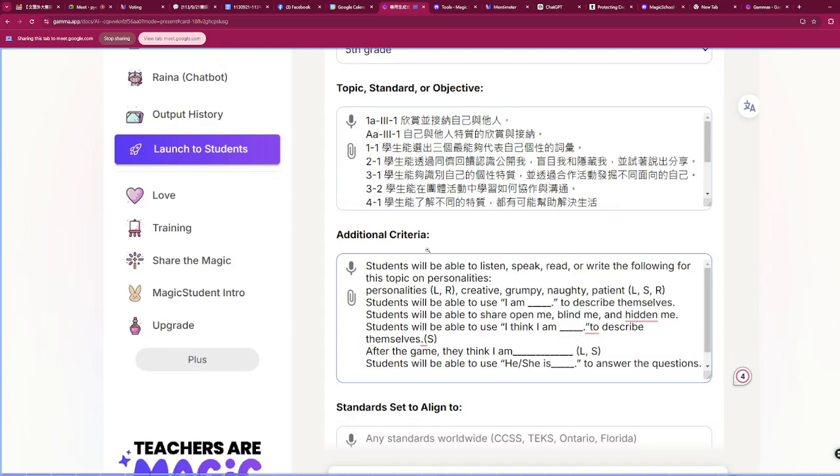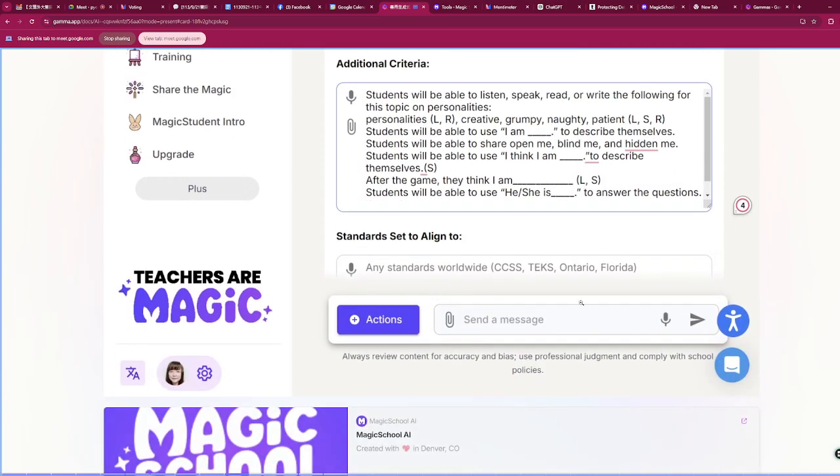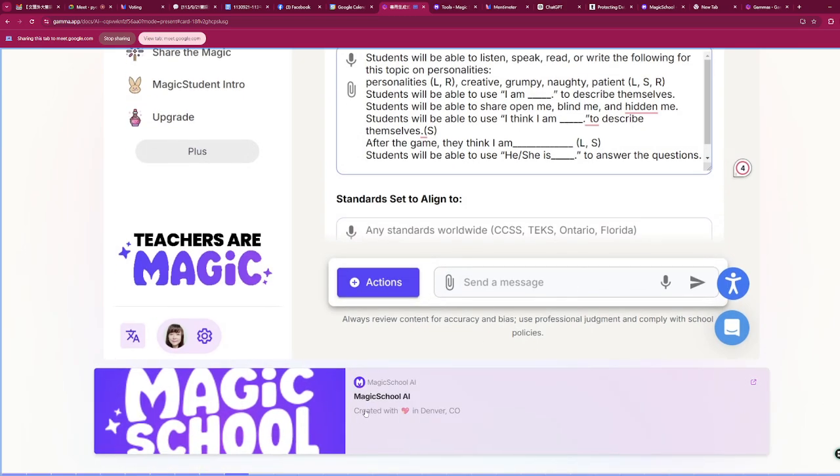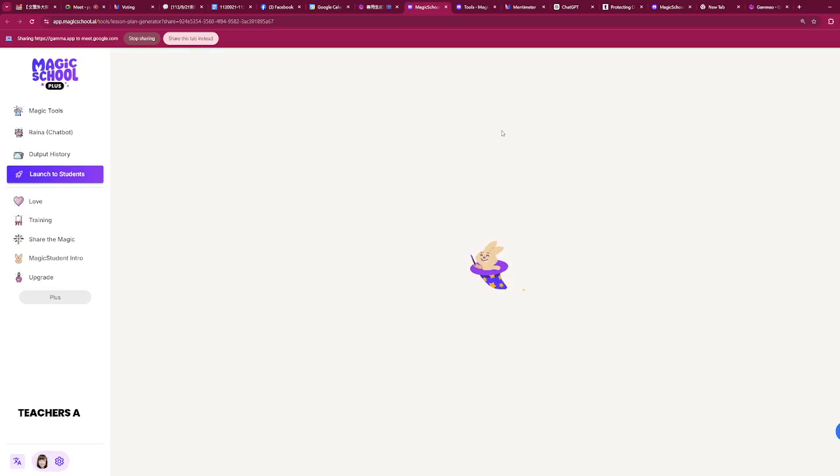You could see from this, students need to be able to identify their personalities, if they are fun, creative, brave, or grumpy, naughty, patient, and to be able to describe themselves. I am grumpy, no, I am creative, and to be able to share their open self, blind self, hidden self, and describe themselves. I think I am brave, because of what. All right, so this is what I actually inputted, and this is the link, and I'm going to provide you with the PowerPoint.